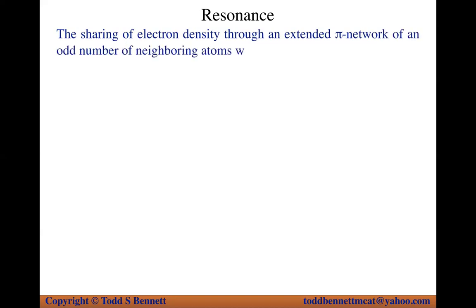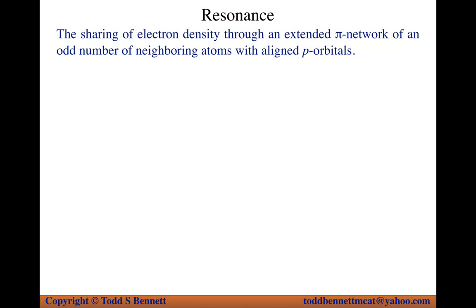So resonance again is the sharing of electron density through an extended pi network, meaning pi bonds. You need an odd number to get the resonance effect. I say that now, and eventually we're going to have a few examples where it's actually an even number, so there are some weird exceptions that we'll talk about.